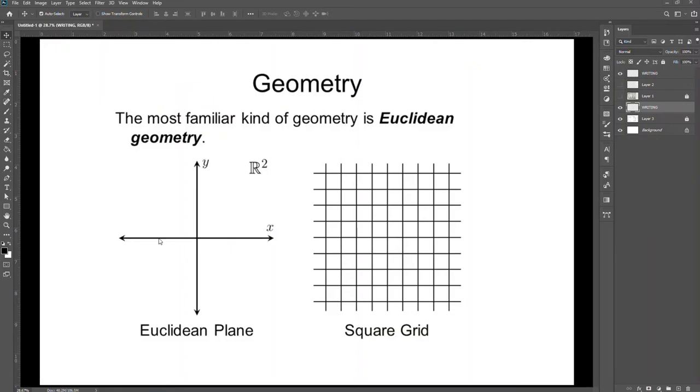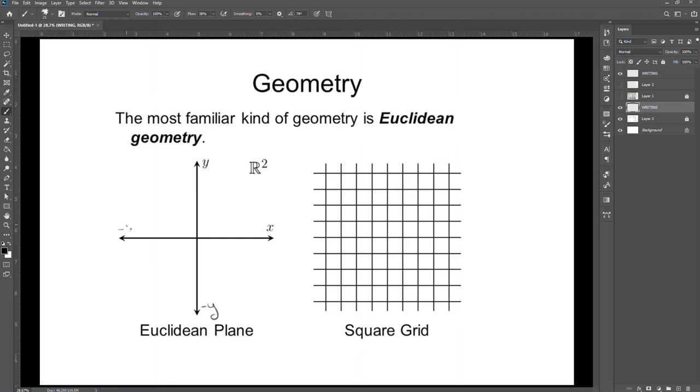The Euclidean graph or Euclidean geometry is the most basic type of geometry. The x-axis is the horizontal axis of the graph, and the y-axis is the vertical axis. Movement going upwards is positive y, and movement going downwards is negative y.